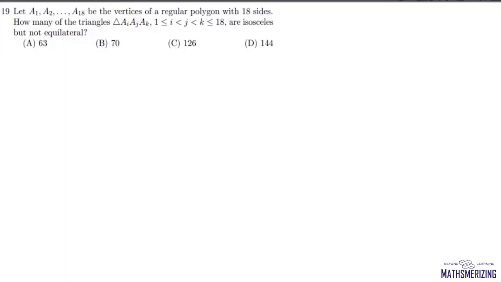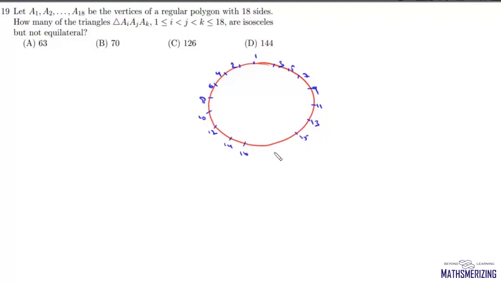Now question number 19 is, let A1, A2, up to A18 be vertices of a regular polygon with 18 sides. Then how many of the triangles are isosceles but not equilateral? Now if we consider the points on a circle, then this is say 1, 2, 3, 4, 5, 6, 7, 8, 9, 10, 11, 12, 13, 14, 15, 16, 17 and 18.